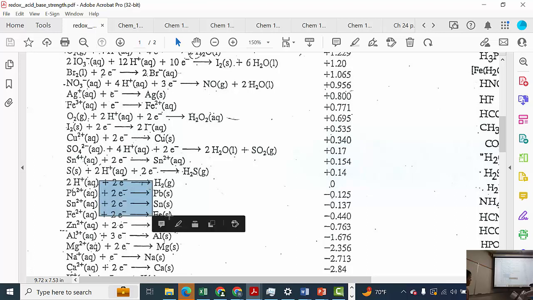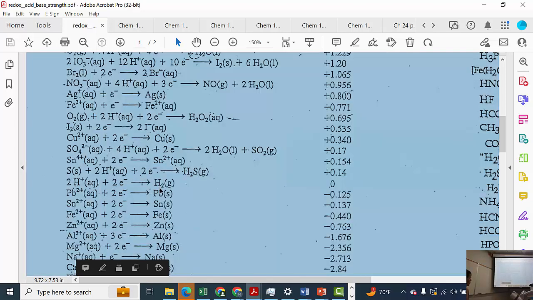No, because if H+ attacks iron, then the iron gets converted into iron 2+. That's downhill. H+ going to iron 2+. And then iron will be replaced by hydrogen, and that's also downhill. Because the H+ will be converted into hydrogen. So this is the zigzag pattern that we use here. And so that means H+ will react with anything downhill over here.